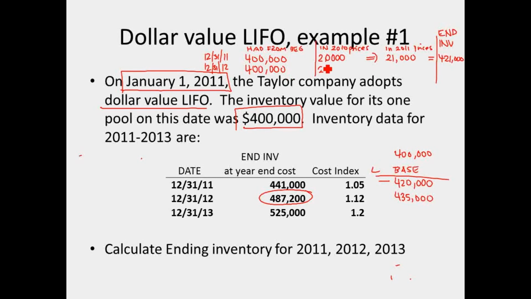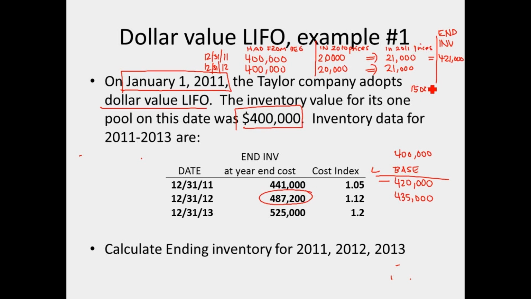Then we still have $20,000, which is converted to $21,000 from 2011. We didn't use that stuff either. We bought more stuff. Now we have another $15,000. Are we done? Do we just take 4 plus 21 plus 15?